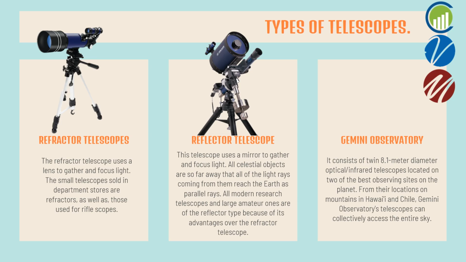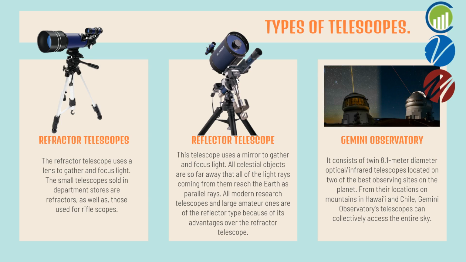From their locations on mountains in Hawaii and Chile, Gemini Observatory's telescopes can collectively access the entire sky. So one is in Chile and the other telescope is in Hawaii.